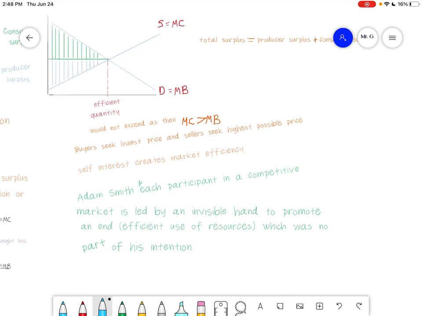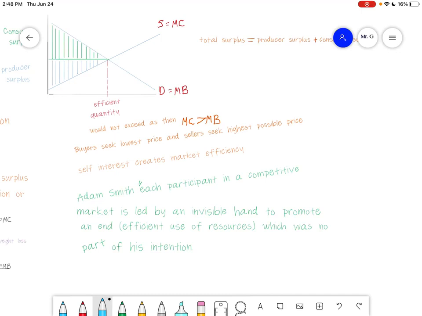Adam Smith said, each participant in a competitive market is led by an invisible hand to promote an efficient use of resources, which was no part of his intention. So what does that actually mean? It means that everyone looking out for their own self-interest actually creates efficiency in our market, but that's not what you're striving to do.